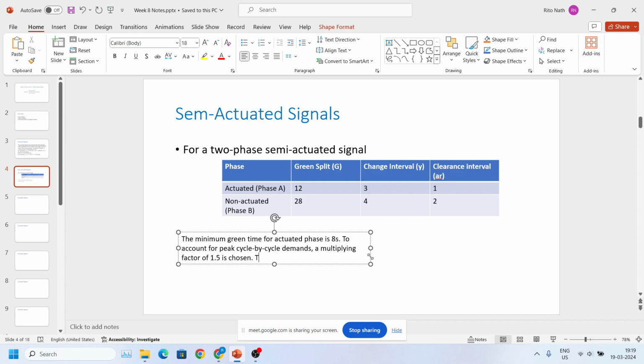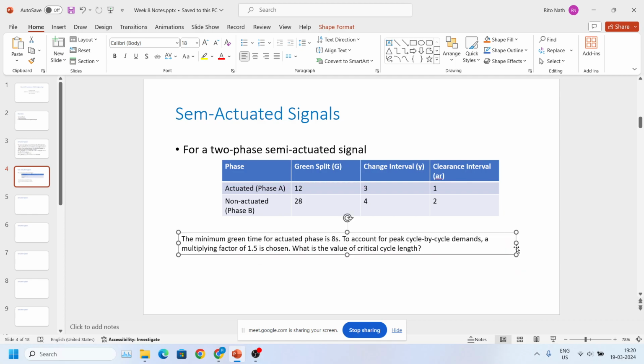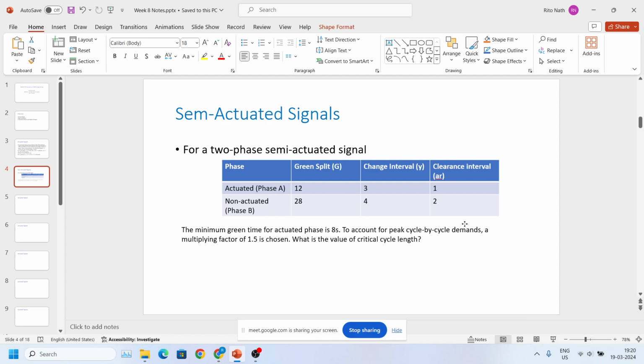So now you're asked what is the value of the critical cycle length. Okay, so that's the problem that you have. Now you have to solve it.